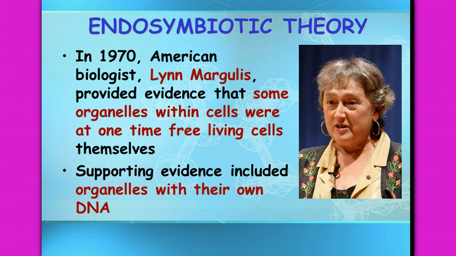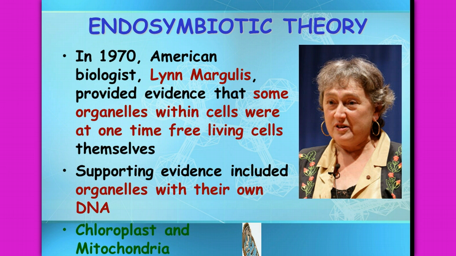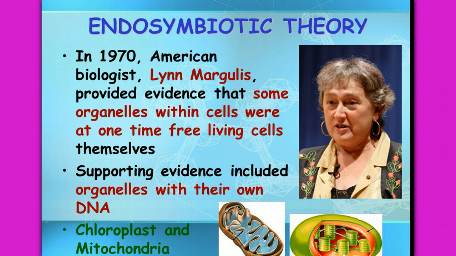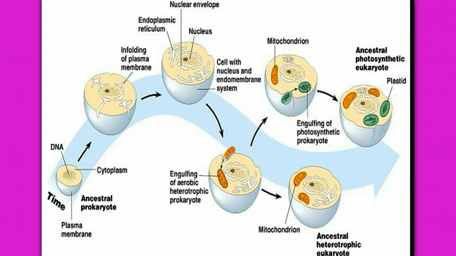So their supporting evidence included that their organelles actually have their own DNA. So they include the chloroplasts and the mitochondria found in both plant and animal cells.